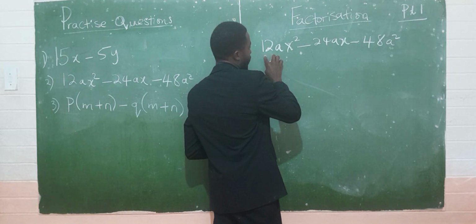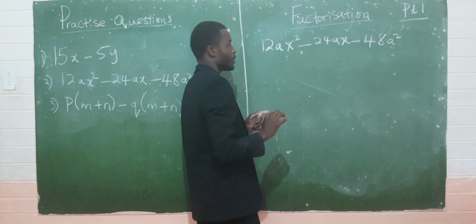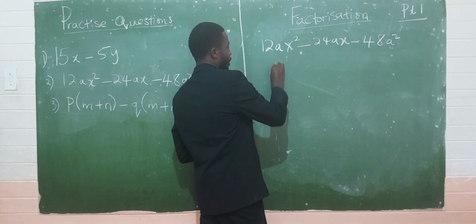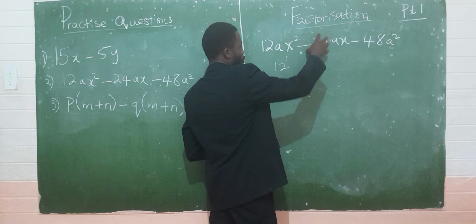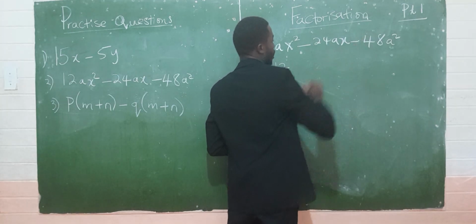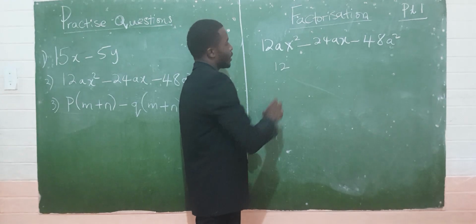What is the highest common factor of this term, this term, and that term? Let's begin with the numbers. Certainly it is 12, because 12 gets into 12, 12 gets into 24, and 12 also gets into 48. Then we'll do the same for the letters.